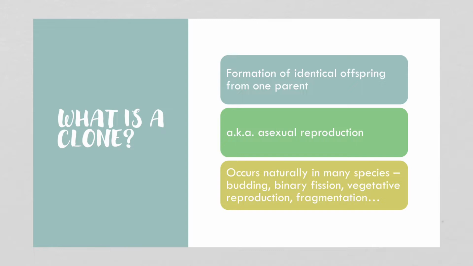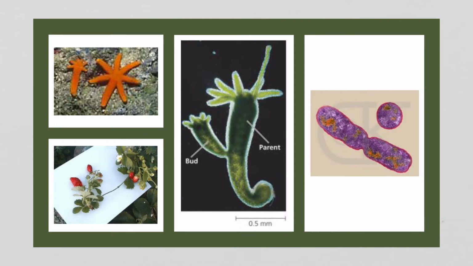This does occur naturally in many species through the process of budding, binary fission, vegetative reproduction or propagation, and fragmentation. So we'll take a look at each of those now. Our first example right here is fragmentation.